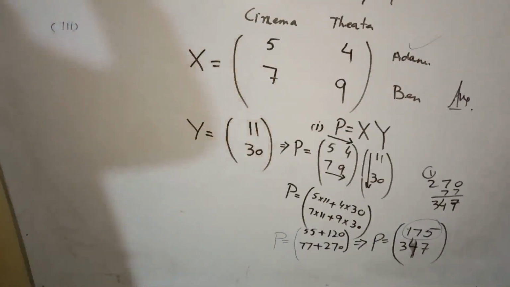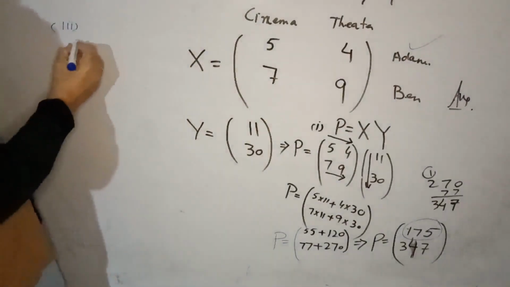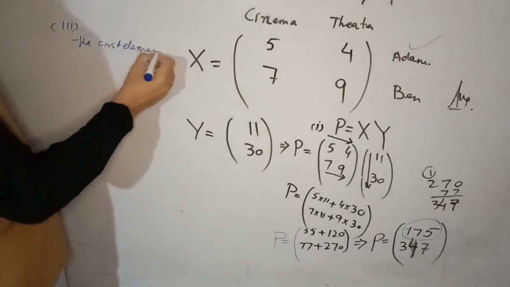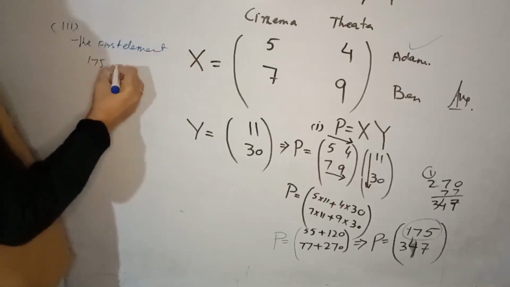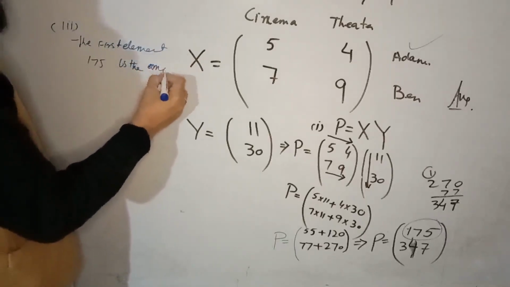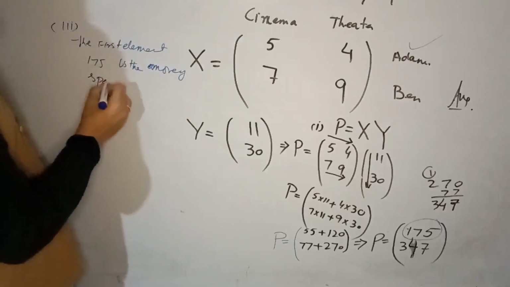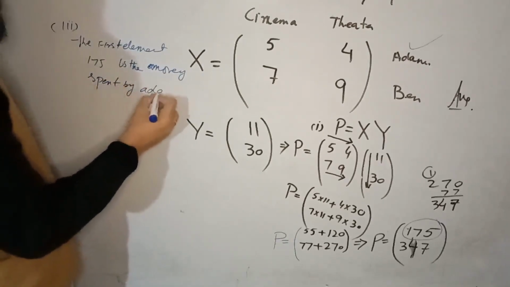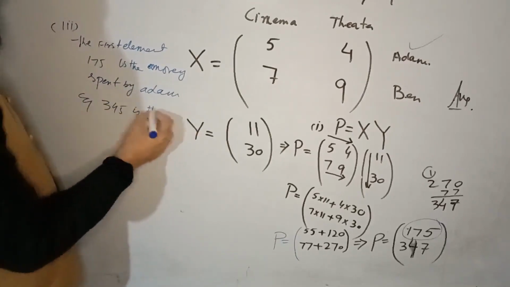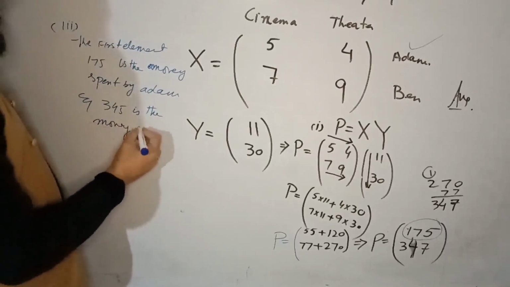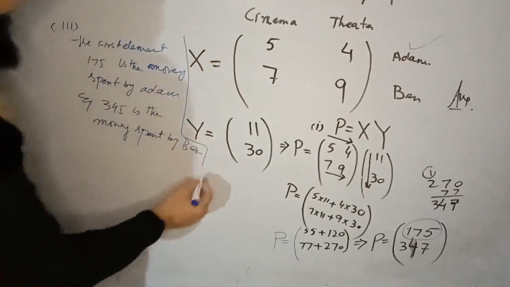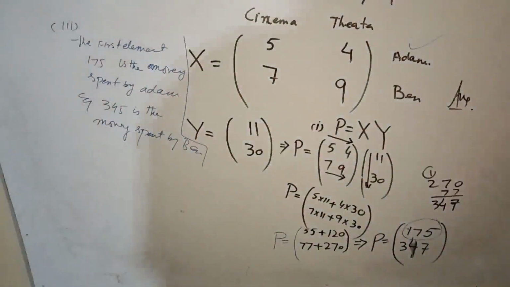So this is what you have to tell in the examination, that the first element 175 is the amount or money spent by Adam, and 347 is the money spent by Ben. So this is the answer of the third part of the question.